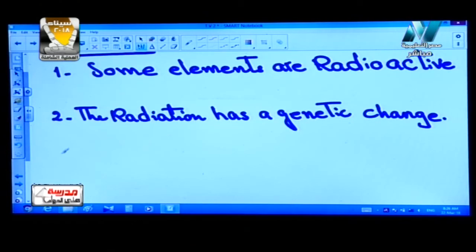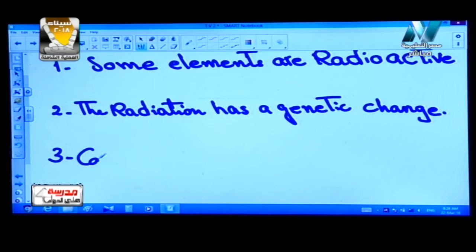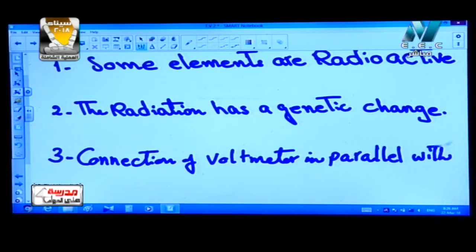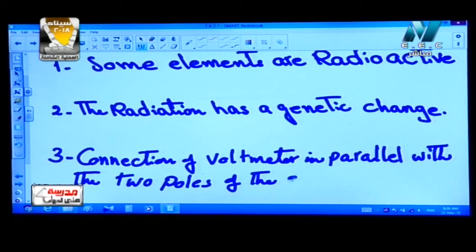Number 3: connection of voltmeter in parallel with the two poles of the electric cell or of the battery.